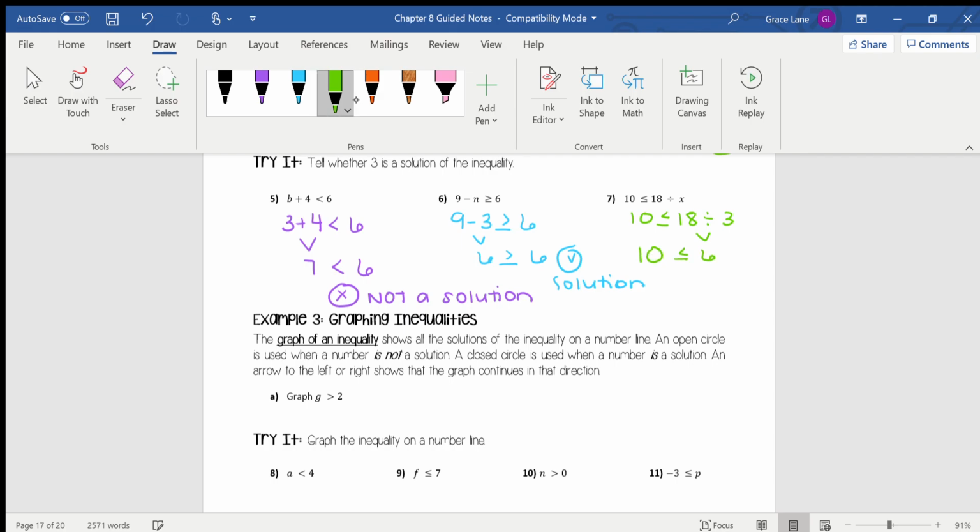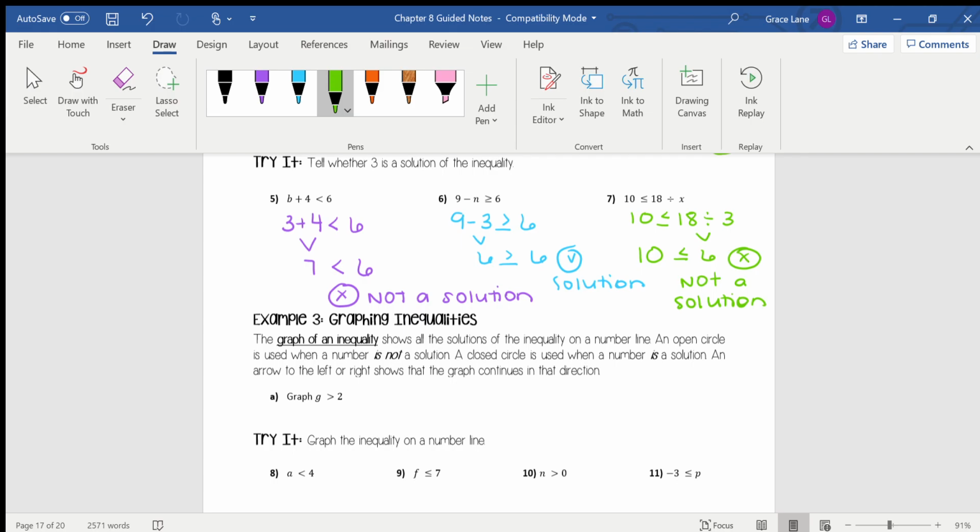Is 10 less than or equal to 6? No. So the last one, number 7, is not a solution.